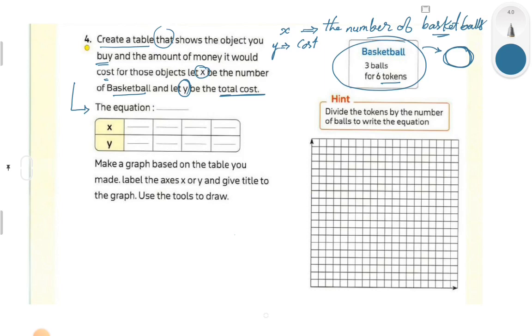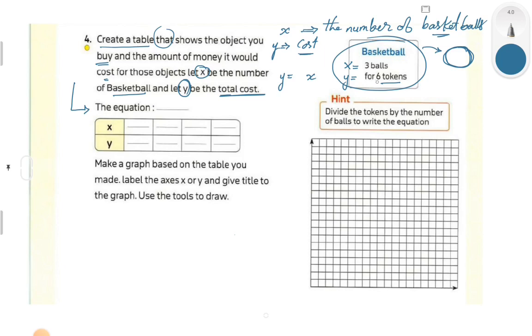Now what is the cost of 3 balls? 3 balls will cost you 6 tokens. The number of basketballs is x, so x equals 3. The cost is y, so y equals 6 tokens. When x equals 3, y equals 6. How can y equal something with x?